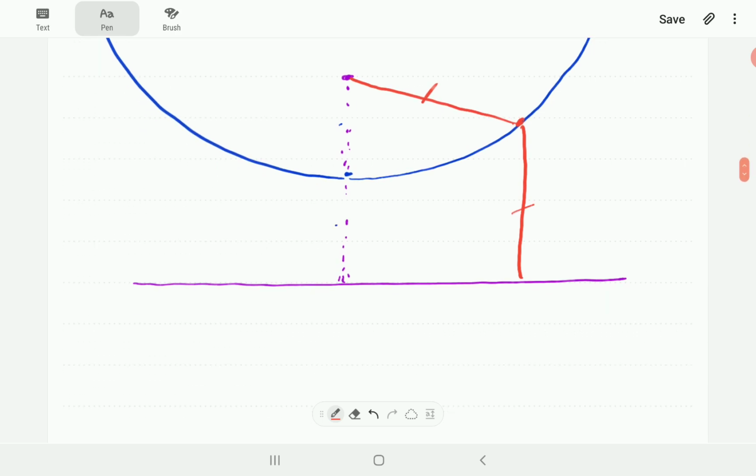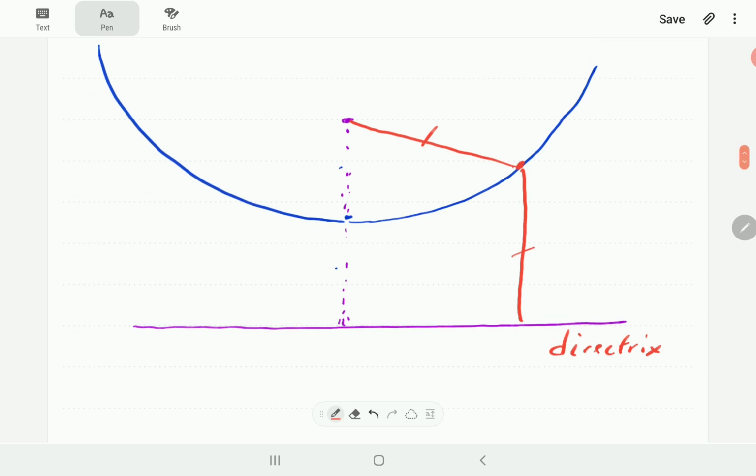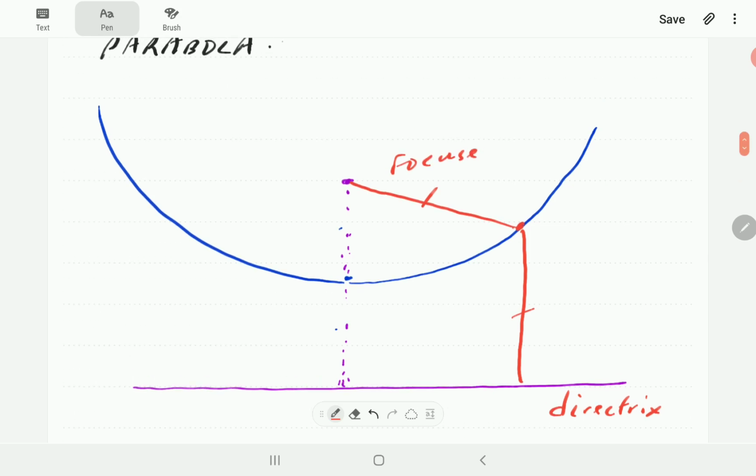Now the fixed line is called the directrix of the parabola. The fixed point is called the focus of the parabola. Now you're going to notice that this thing is symmetric.